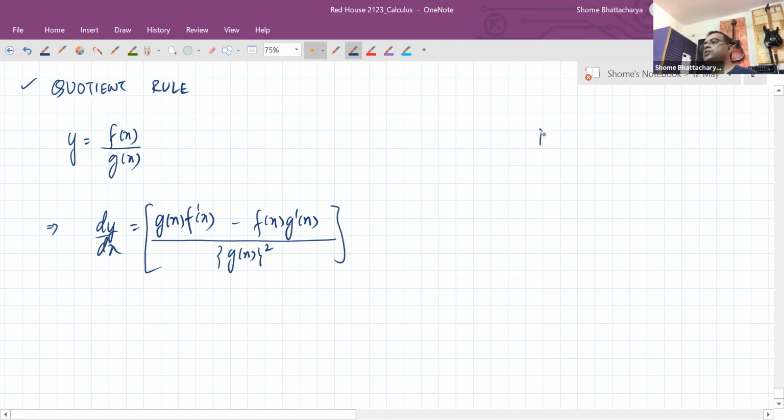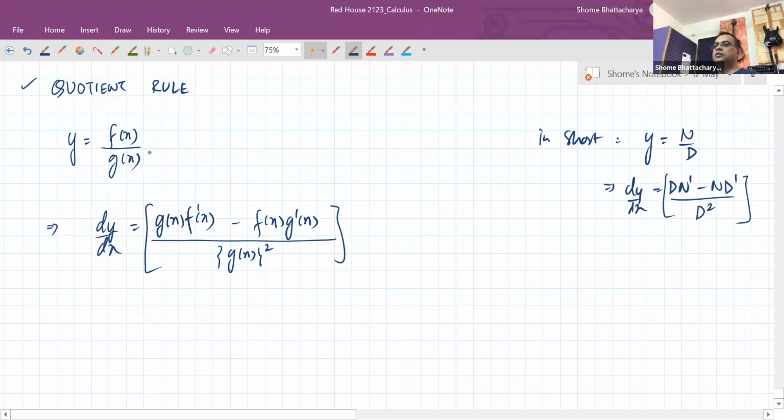So in short, you can also write it like this, that if the function is some numerator divided by denominator, then derivative of the function is like this. So this is called the quotient rule.